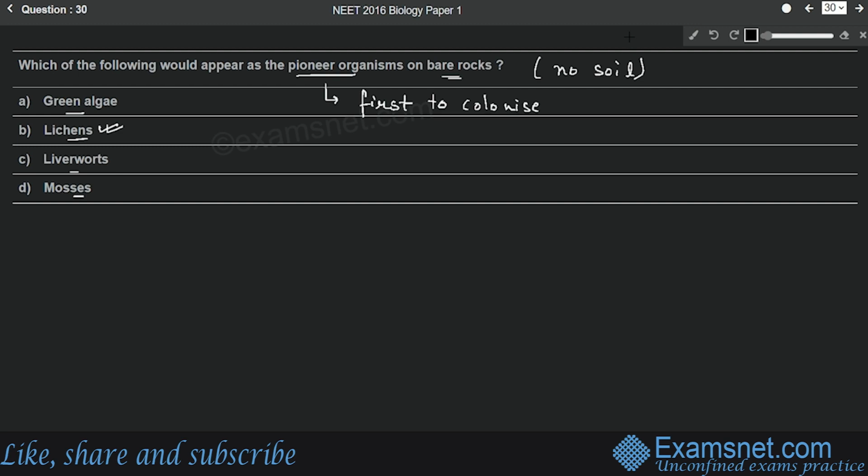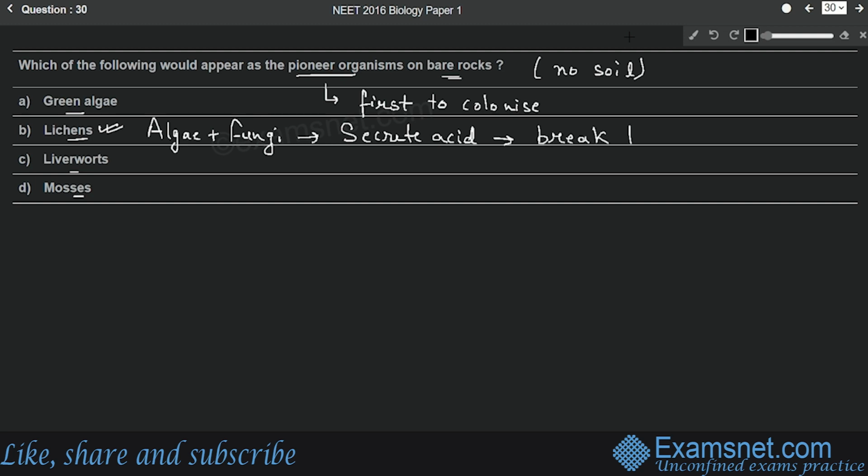Okay. And what are lichens? These are the symbiotic association of algae and fungi. Algae plus fungi. So what does it do? It will secrete acid, and this acid will be responsible for breaking the rock.